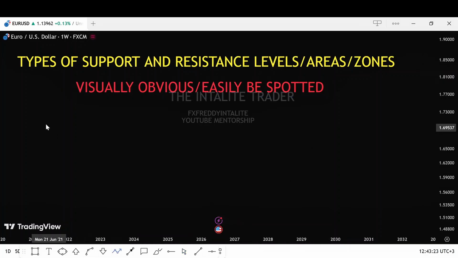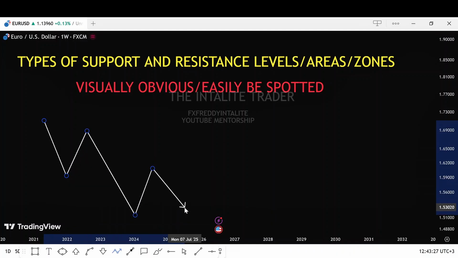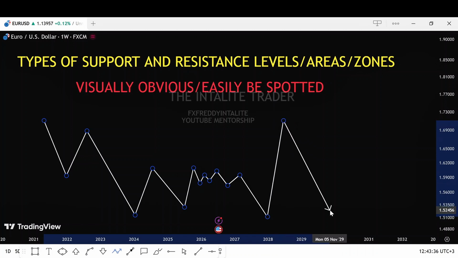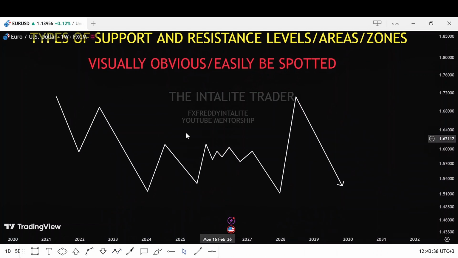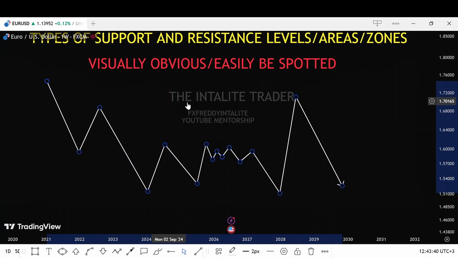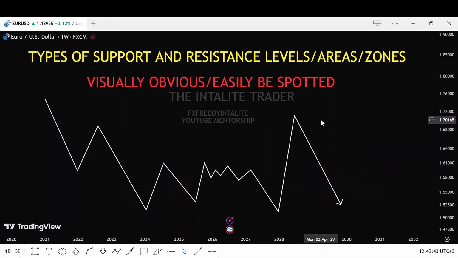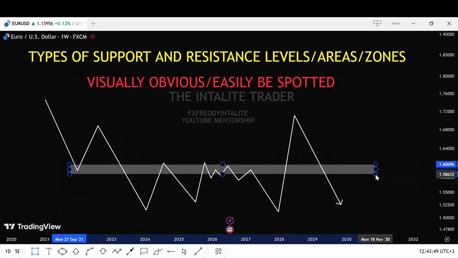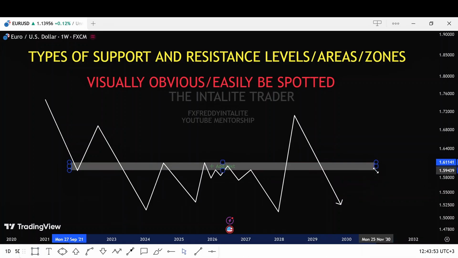Let's say you open up your chart, you find prices doing this. You can tell me that when you open your chart and find when price has done such a thing, you can easily tell that this is a strong level. You can easily see this with your eyes.